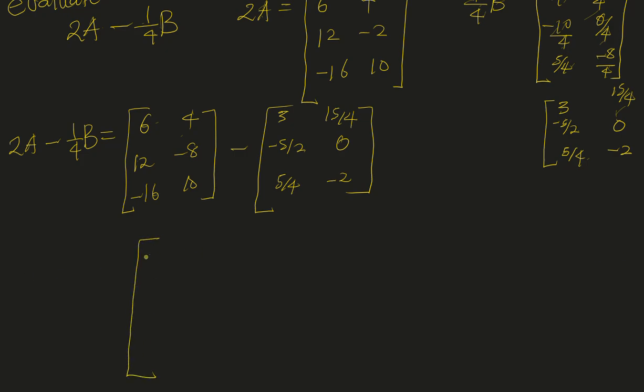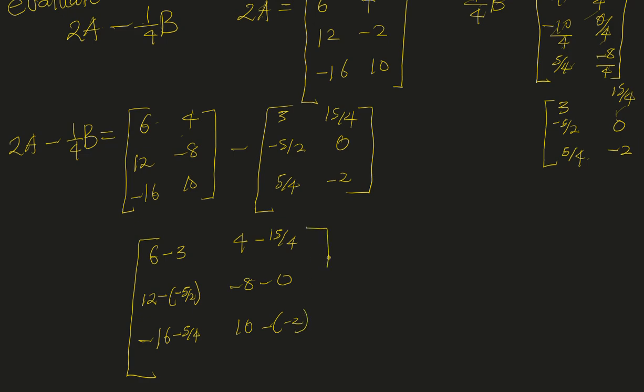This is going to be 6 minus 3, 12 minus 5 over 2, minus 16 minus 5 over 4, 4 minus 15 over 4, minus 8 minus 0, and 10 minus 2.